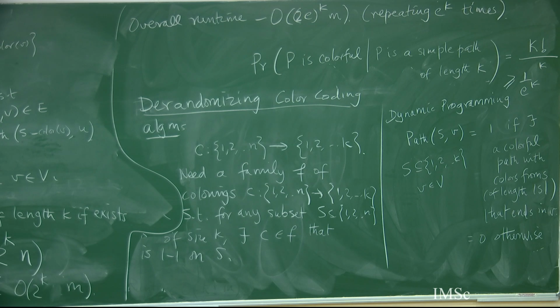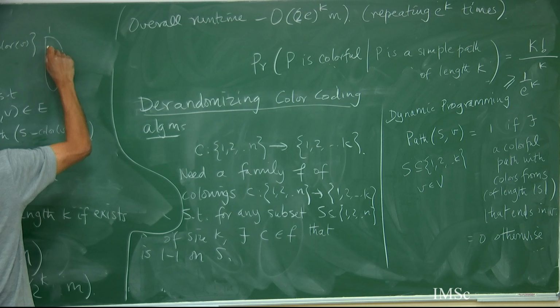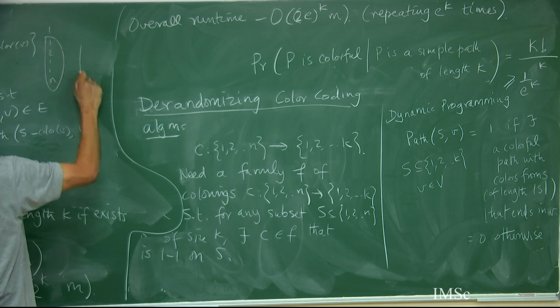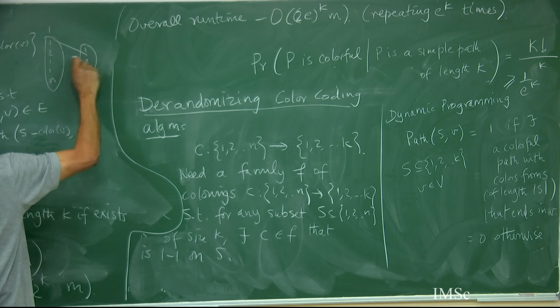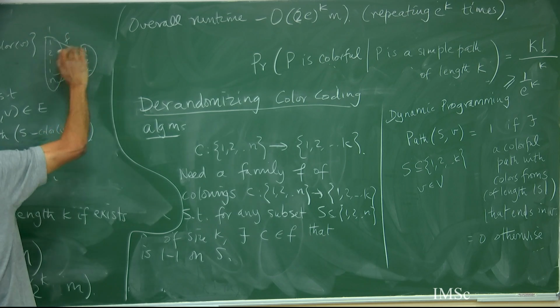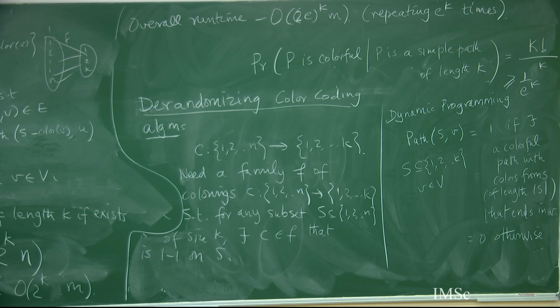Suppose I have such a family of functions. This family of functions will take my 1 to n and map it to this small set 1 to k. There are many functions I am going to come up with, but you give me any subset of size k here, and one of these functions will map it in a 1-1 fashion to 1 to k. That means it maps that subset distinctly.